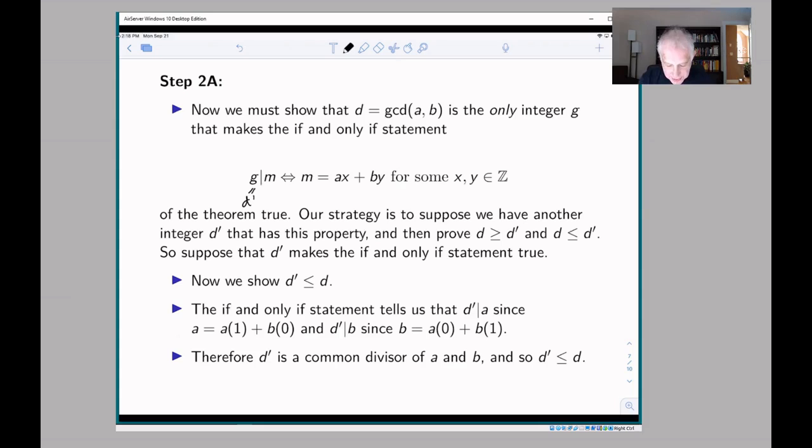And the first thing to notice is that we can take M to be A because A is A times 1 plus B times 0.